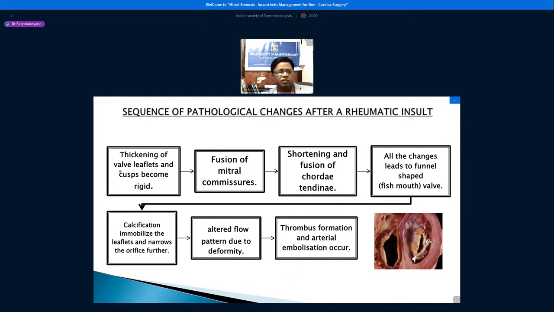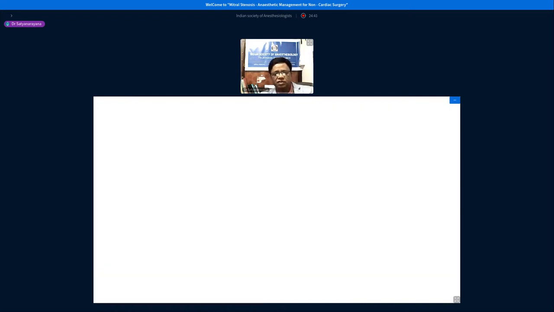You can see thickening of the valvular leaflets and the cusps becoming rigid initially, followed by fusion of the mitral commissures, then shortening and fusion of the chordae tendineae, and all the changes lead to the funnel shape, the typical fish mouth appearance of the mitral valve we read about in the UG period. Finally, as the disease progresses, it leads to calcification, immobilizing the leaflets and narrowing the orifice further, altering the flow pattern due to deformity, and finally thrombus formation and arterial embolization. The most important is the thrombus formation and embolization.